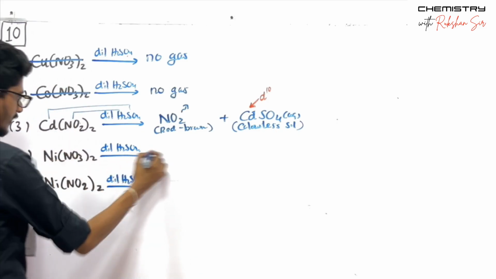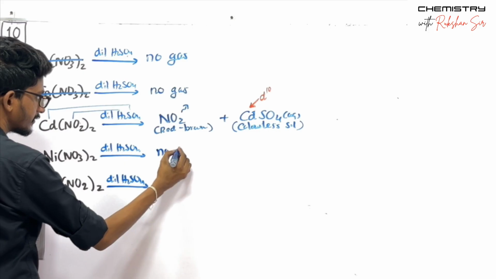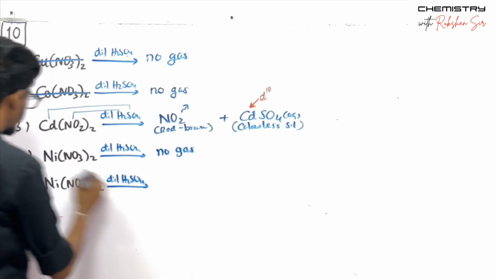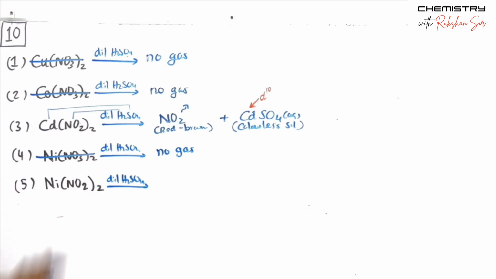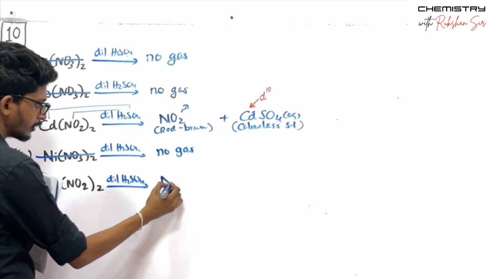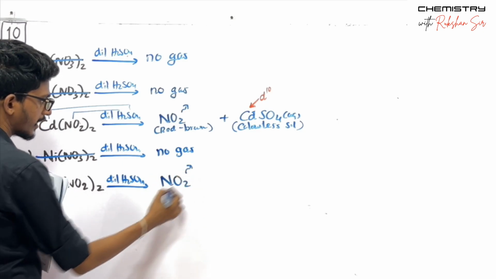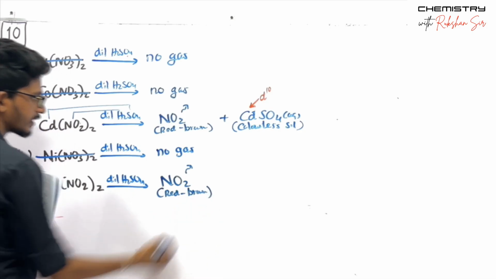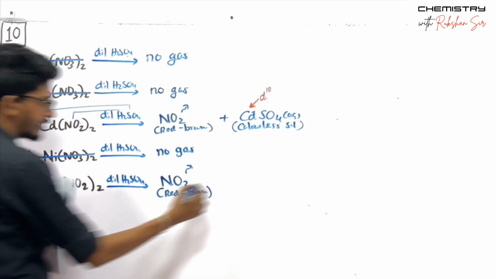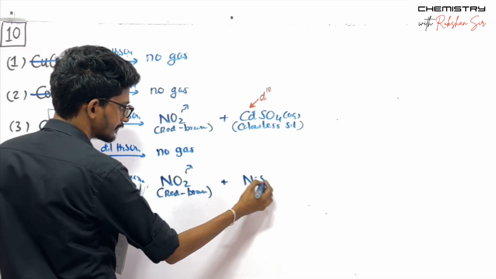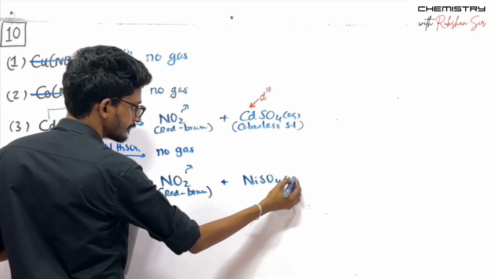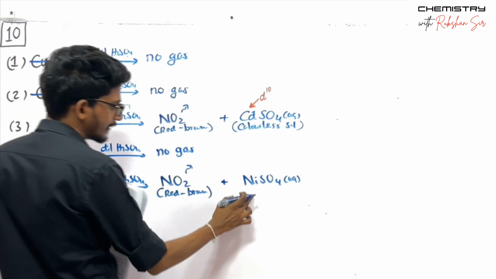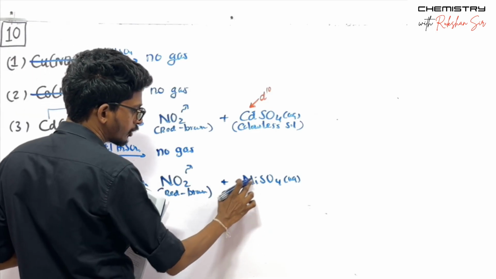So this is again NO3 minus, no gas liberation, out. With this one, NO2 minus, you will produce NO2 gas, a red brown gas, with nickel sulfate aqueous solution. The color of nickel sulfate solution is due to the nickel 2 plus ions.